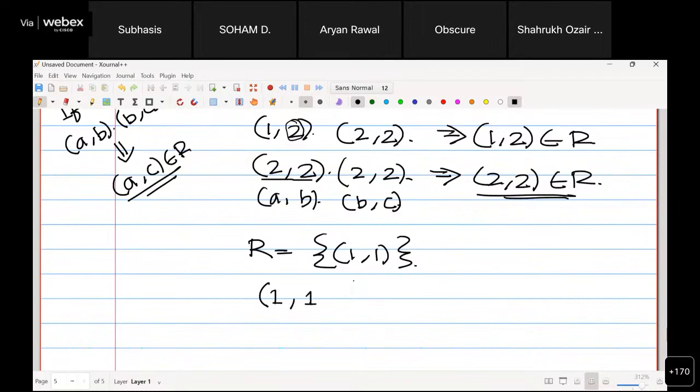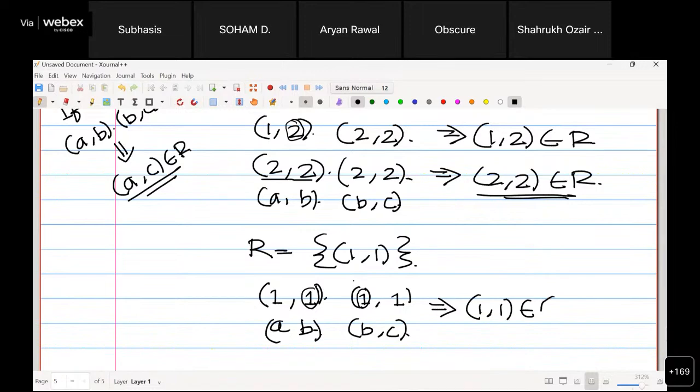This is my AB. Then what is the possible choice for BC? 1 comma 1, because here you have 1, as well as here you have 1. That means 1 comma 1 is also in R. So that's why this is a transitive relation.